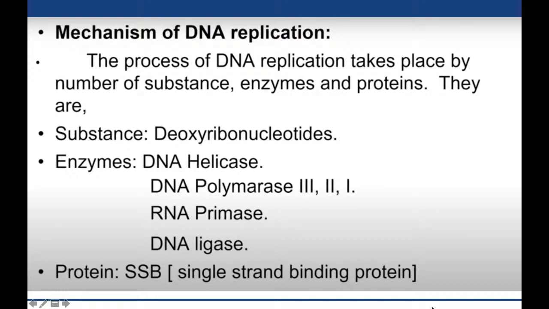The substances that we use while making DNA replication happen are deoxyribonucleotides, enzymes like DNA helicase, DNA polymerase 3 to 1, RNA primase, and DNA ligase. And the protein that we use is the single stranded binding protein. So these are all the things that are required for DNA replication.